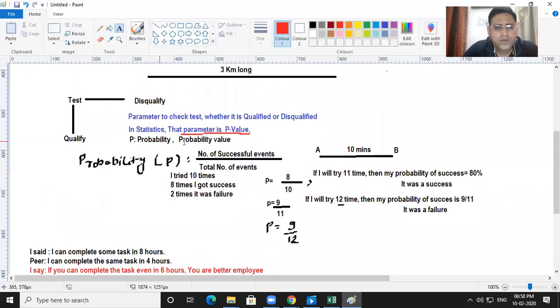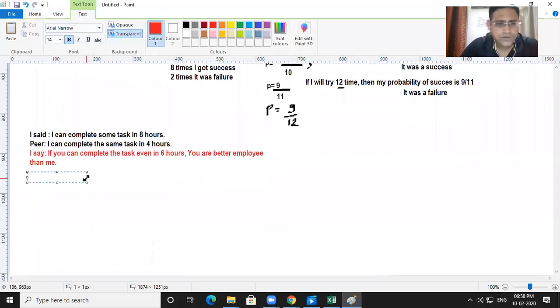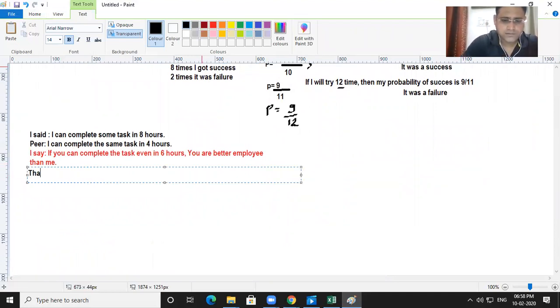But your scale or your parameter is fixed. Why is it fixed? Because we have fixed a benchmark, isn't it? That benchmark is our p value, which is equal to 0.05.